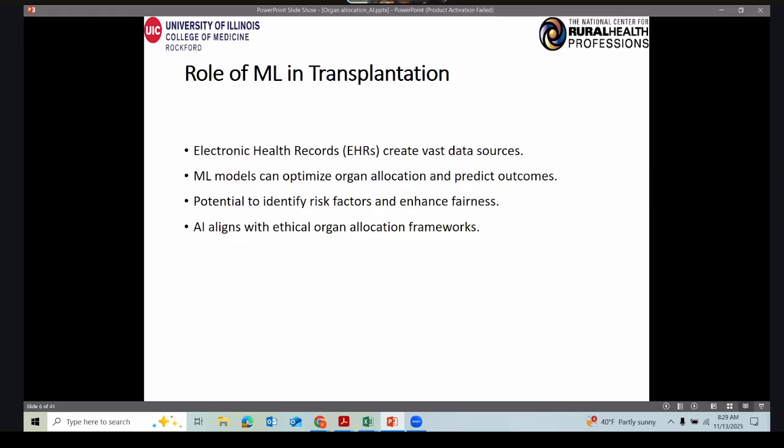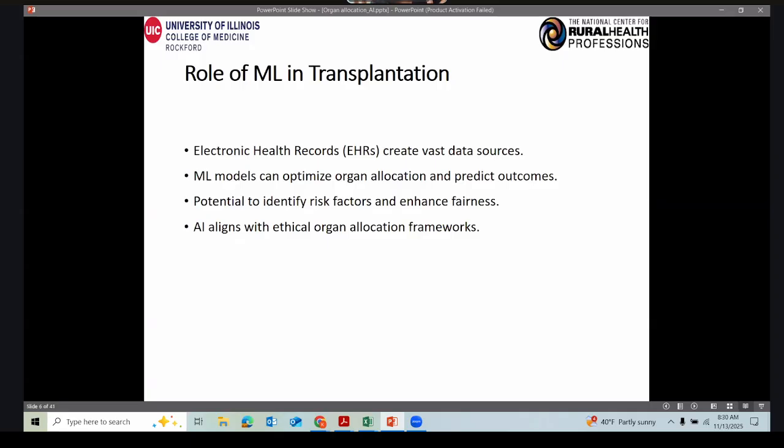Finally, AI can be aligned with existing ethical frameworks for organ allocation. Remember the three key principles we discussed earlier: urgency, utility, and benefit. AI can help balance these by predicting both who needs the organ most urgently and who will benefit the most in the long term. In other words, it supports ethical decision making by integrating data-driven insights with fairness and transparency.